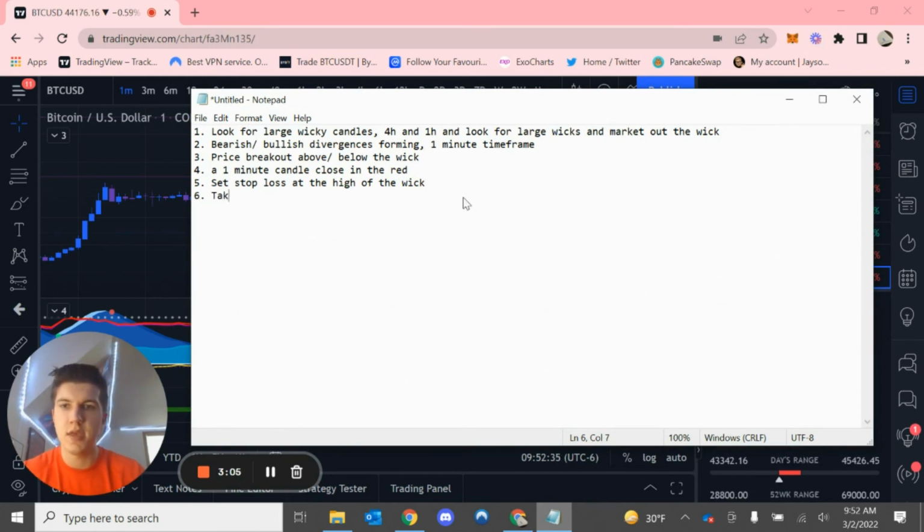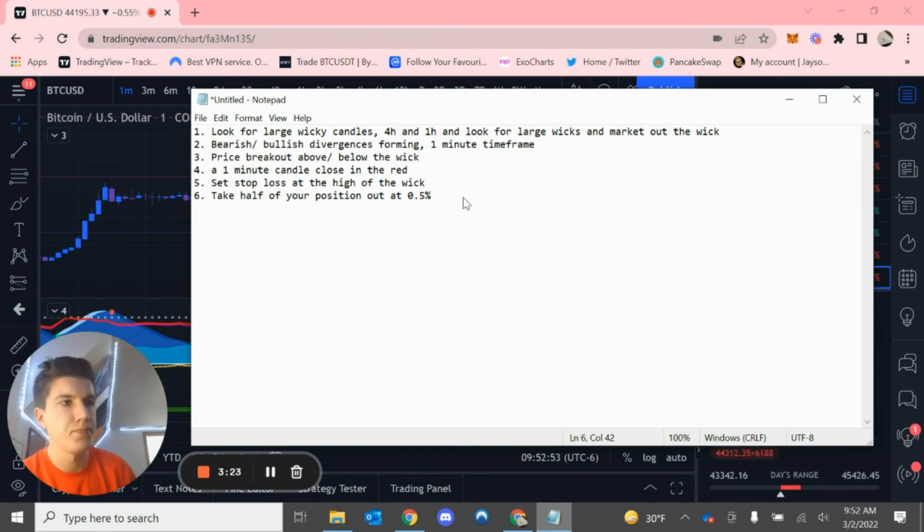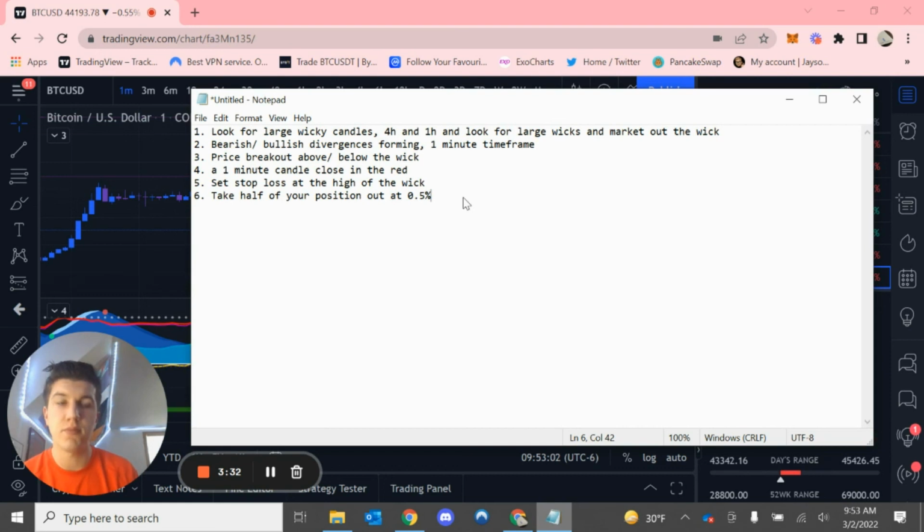And then take half of your position out at a 0.5% profit. This will allow you to lock in profits, because price may come up again, but as a safe bet, about 95% of the time it will wick down to at least 0.5% profit.